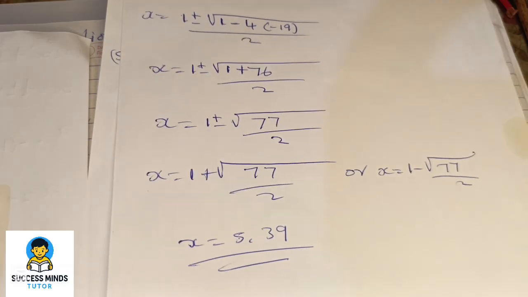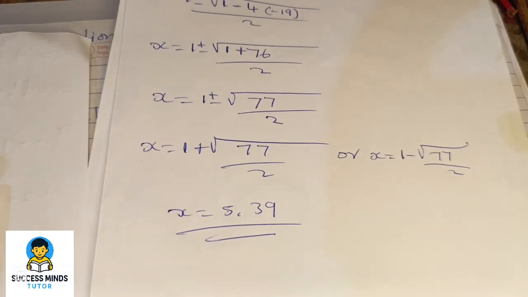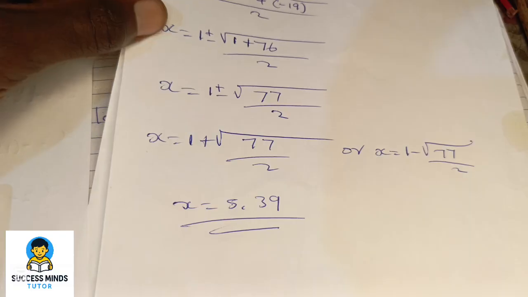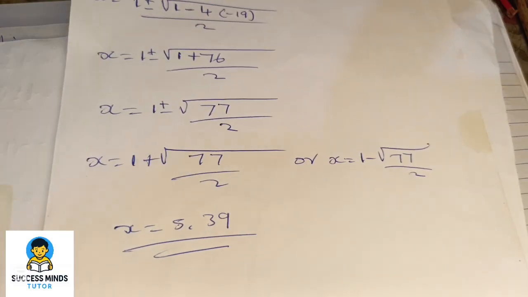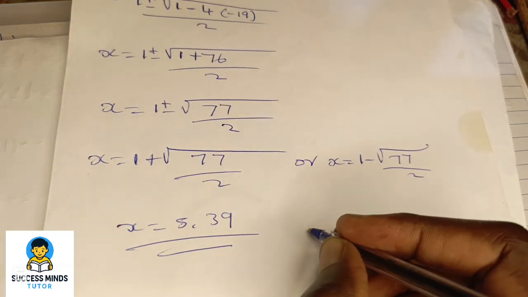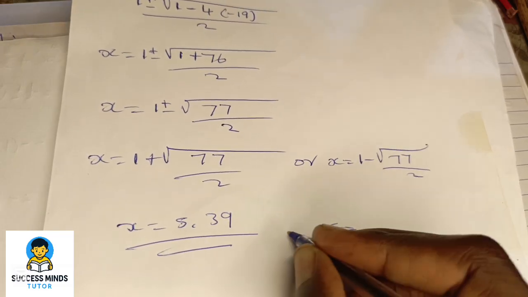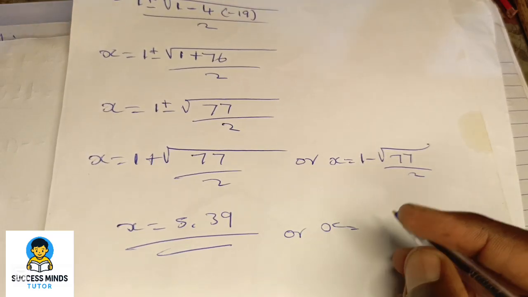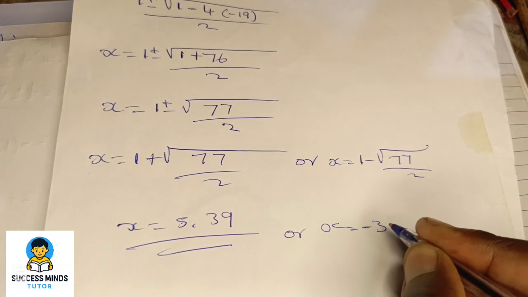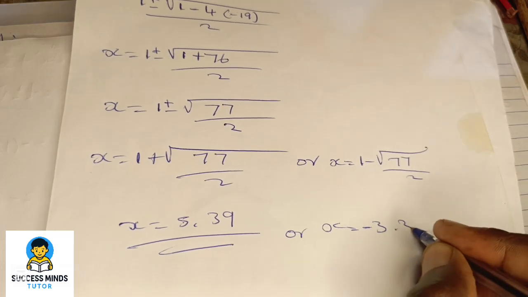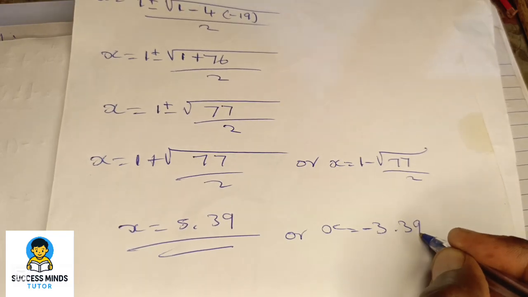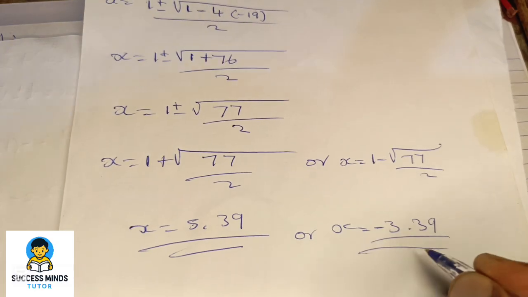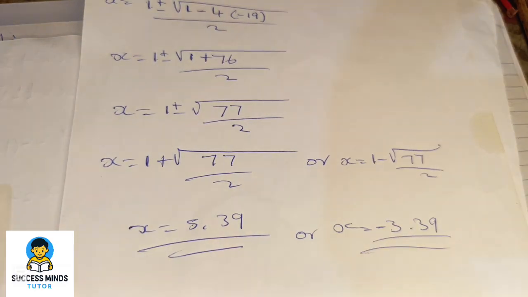Again, we'll do the same on that side: 1 minus the square root of 77, divided by 2, and this side it's giving us x is equal to negative 3.39. That's our answer, guys. So we are done with the quadratic equation.